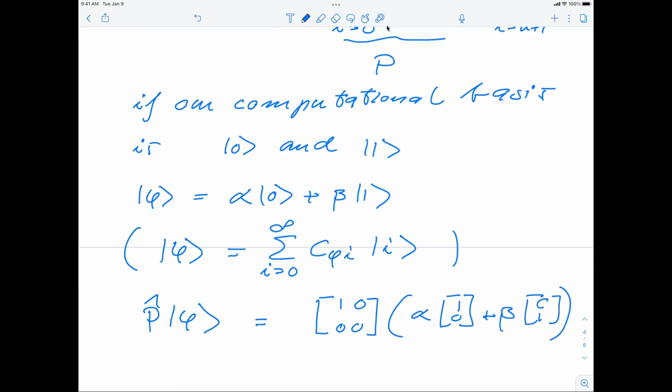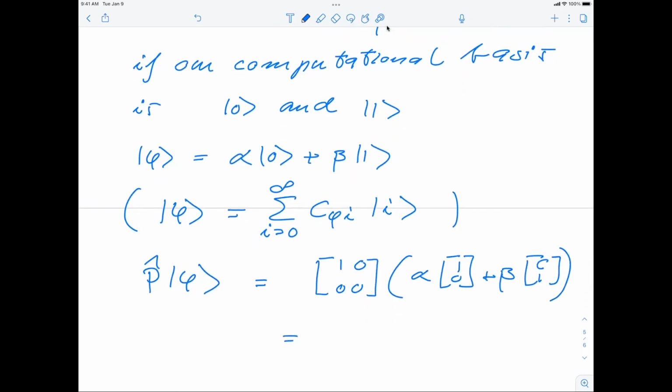And when you do the mathematics here, what you see is that this becomes simply alpha times (1, 0), which is again the same as alpha times |0>. So what you see now is that this operator, when you have a linear expansion in terms of this computational basis, actually projects out a specific part of the wave function in terms of the computational basis.